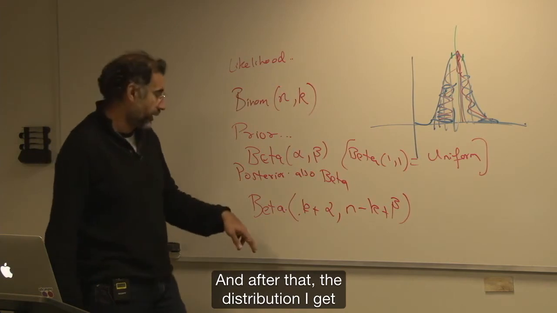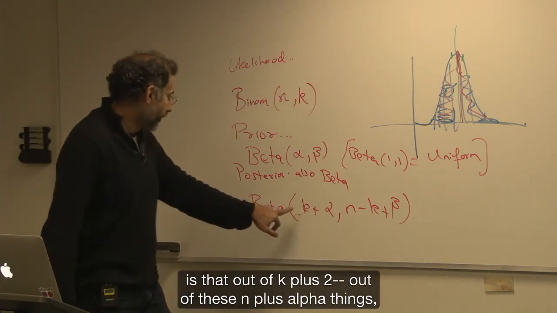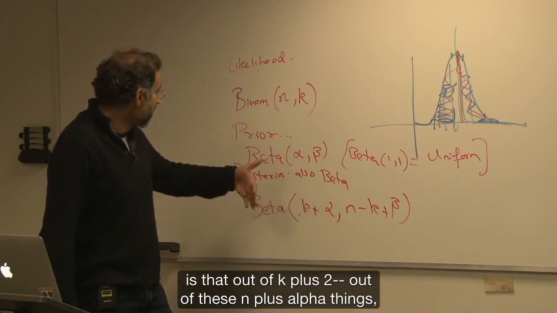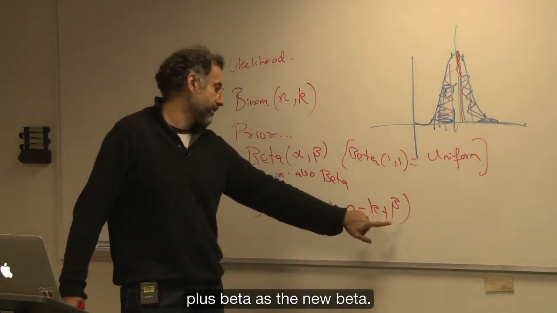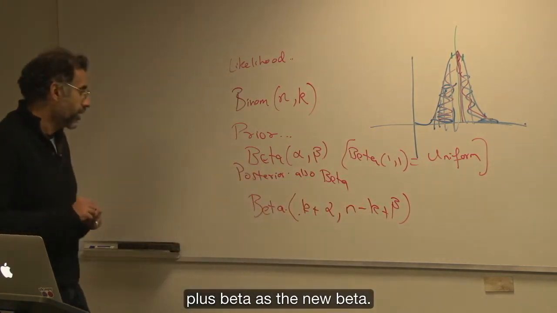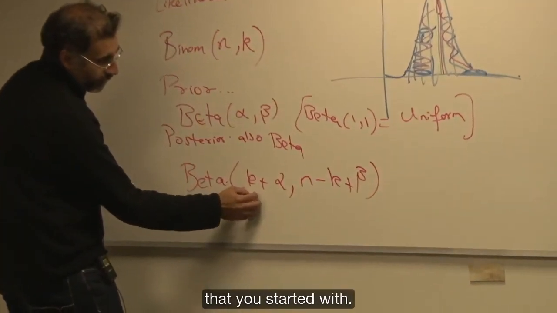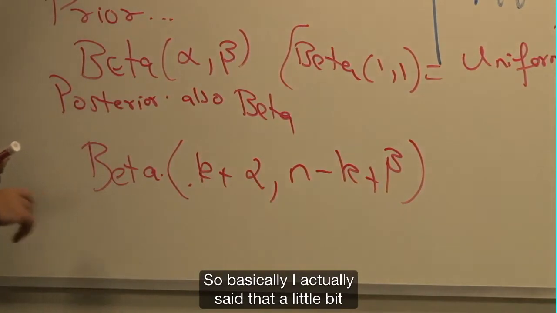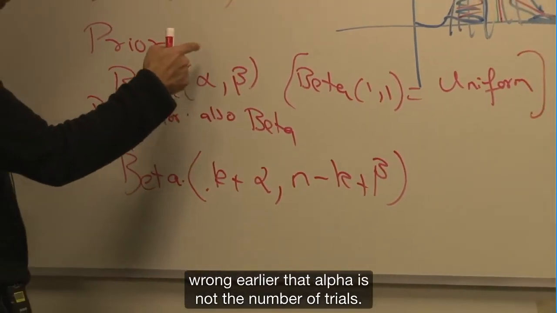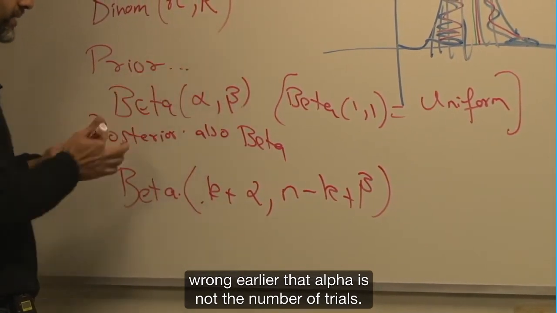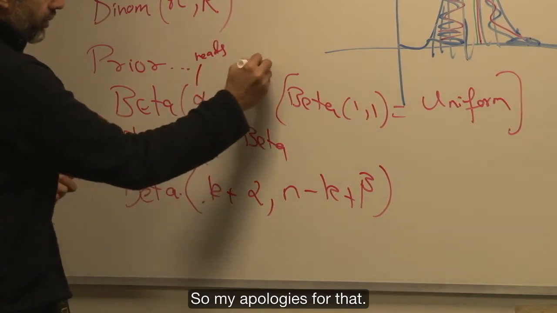And after that, the distribution I get is k plus alpha and n minus k plus beta as the new beta. And you can see that this is the number of heads that you started with, and that's the number of tails. So basically, I actually said that a little bit wrong earlier: alpha is not the number of trials, it's the number of heads, and beta is the number of tails. So my apologies for that.